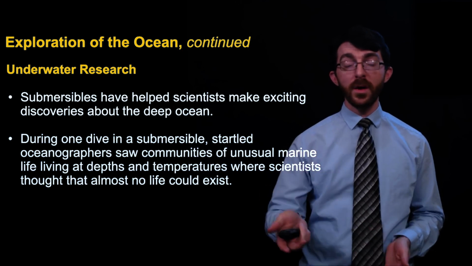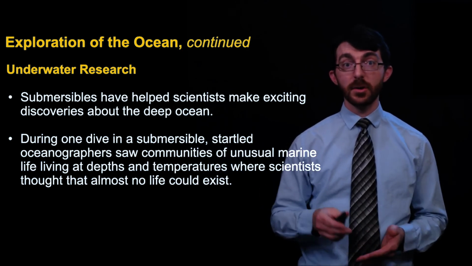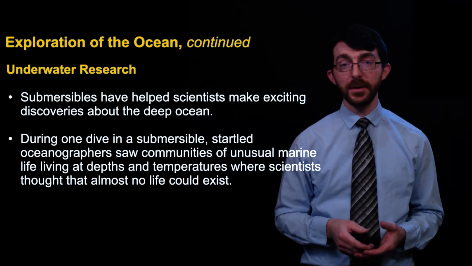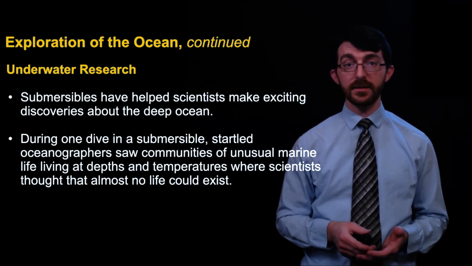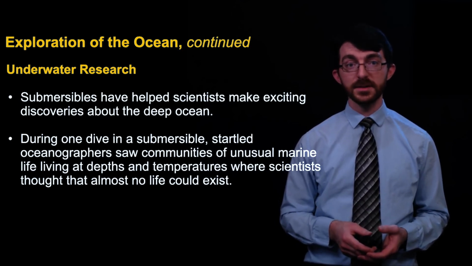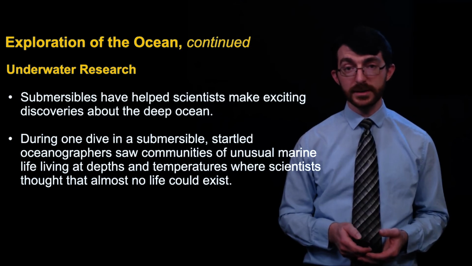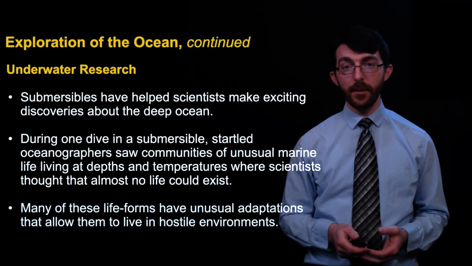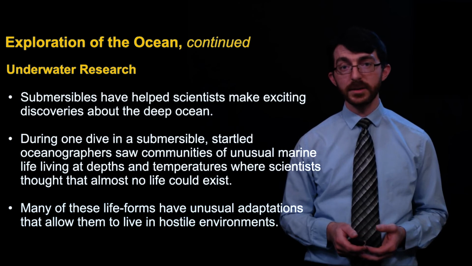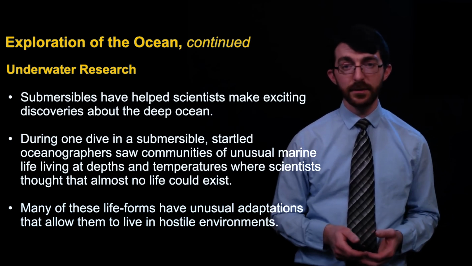During one dive in a submersible, startled oceanographers saw communities of unusual marine life living at depths and temperatures where scientists thought that almost no life could exist. Many of these life forms have unusual adaptations that allow them to live in hostile environments.